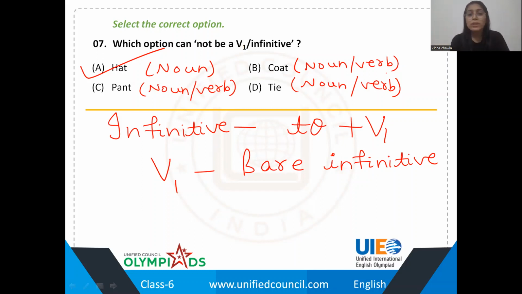But along with that, these words can be verbs also. Coat as a verb means to cover something. Pant as a verb means to breathe quickly. Tie as a verb means you tie something, you tie a knot. Okay, like that. So the answer will definitely be option A.